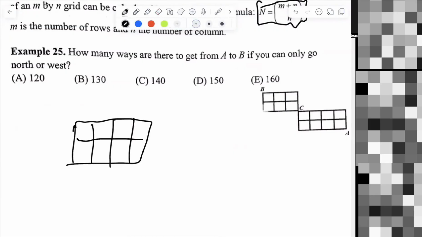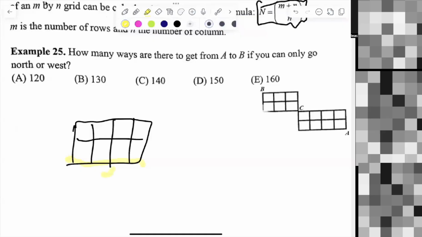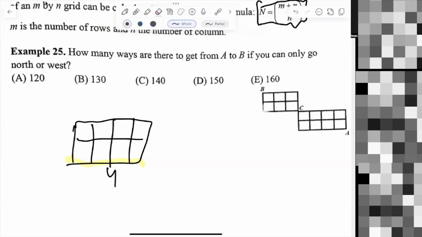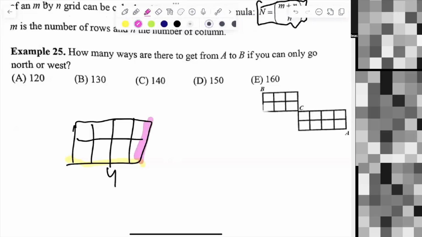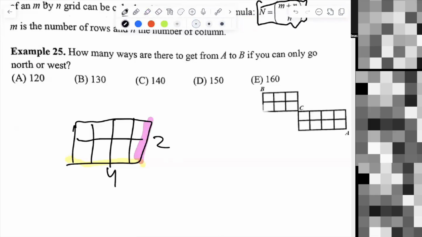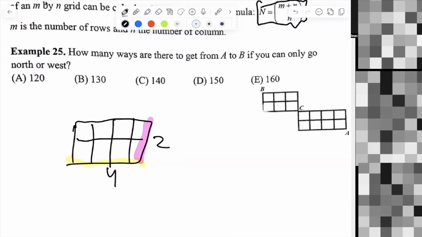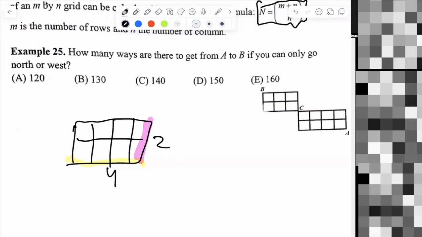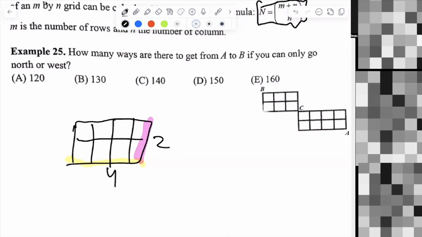Let's look at here. 4 right. This is a total of 4, and this right over here is a total of 2. Now, we can look at this. We can basically look at this as an arrangement of 4 rights and 2 ups. You see where I'm going?